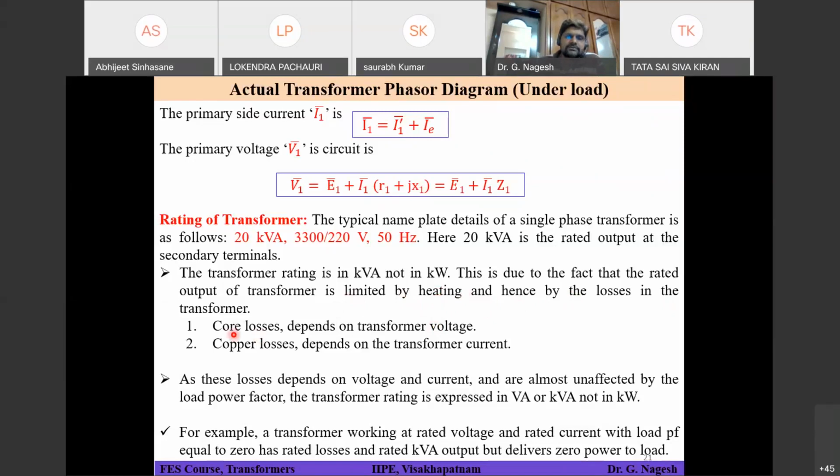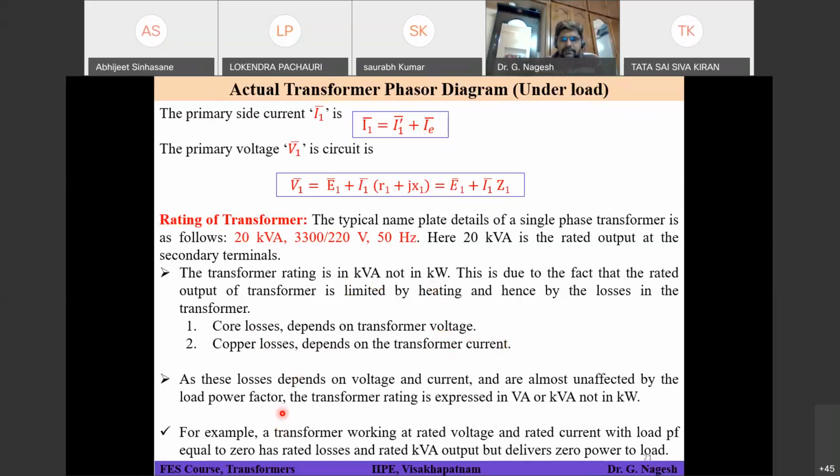The losses in the transformer we have already seen. There are two kinds of losses: one is core loss, and the other is copper loss. Core loss depends on the transformer voltage, and copper loss depends upon the transformer current. So it depends upon the voltage and the current. That's why the transformer rating is in kVA, not in kilowatts.